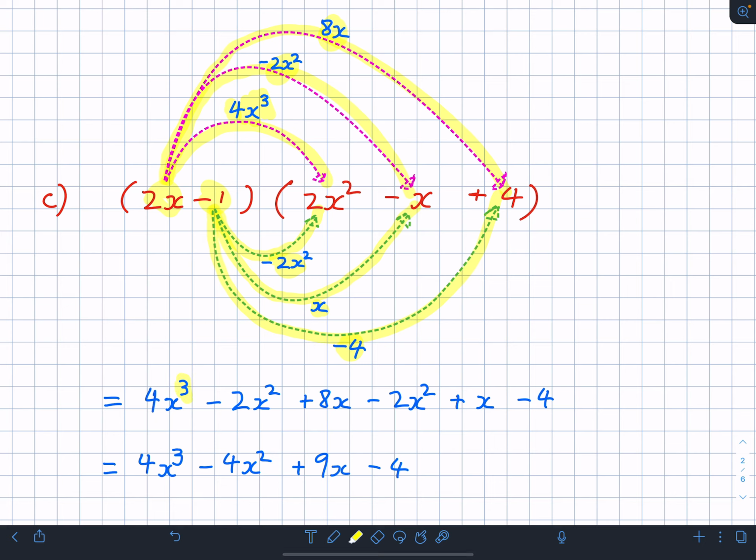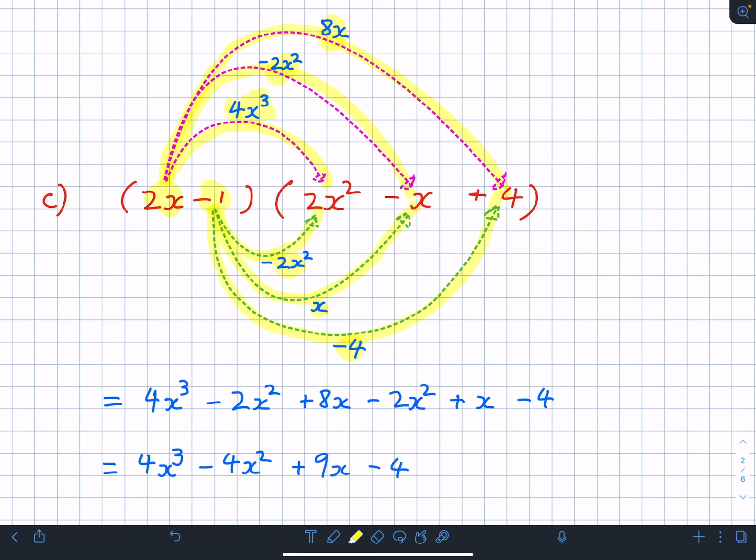So anything to the power of 3 with an x, it's just 4x cubed. Okay, we've got anything to the power of 2, so an x to the power of 2. We've got negative 2x squared and negative 2x squared, which will give us negative 4x squared.